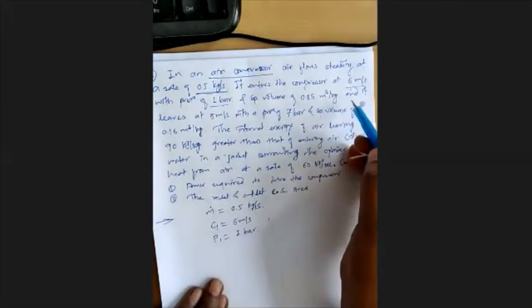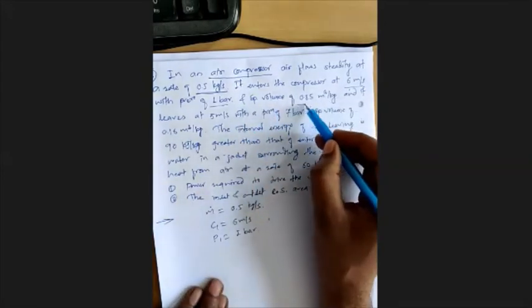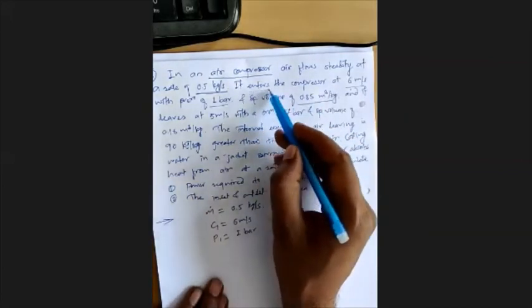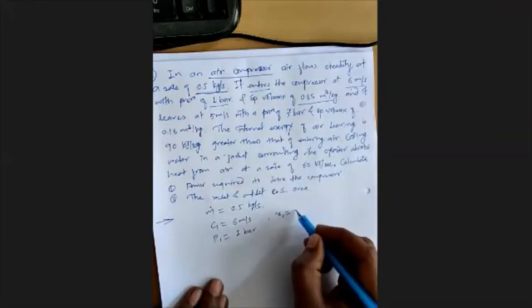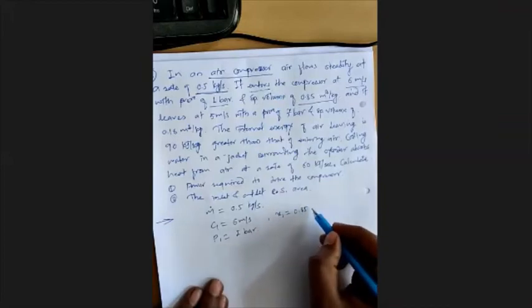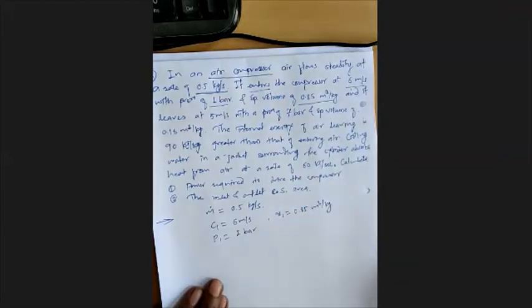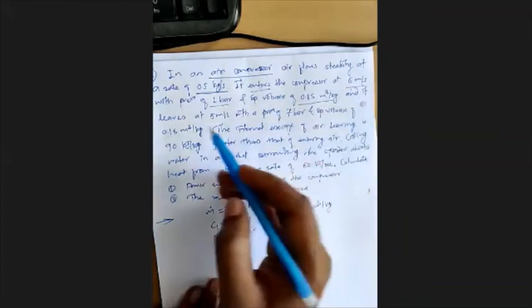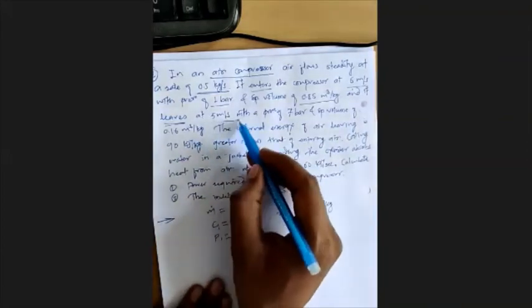Additionally, they have given a specific volume of 0.85 meter cube per kg. That is also for the entry of the fluid. So this is going to be small v1, and that is 0.85 meter cube per kg. Okay, so that is for inlet. Now it leaves, so this is for exit at 5 meter per second.